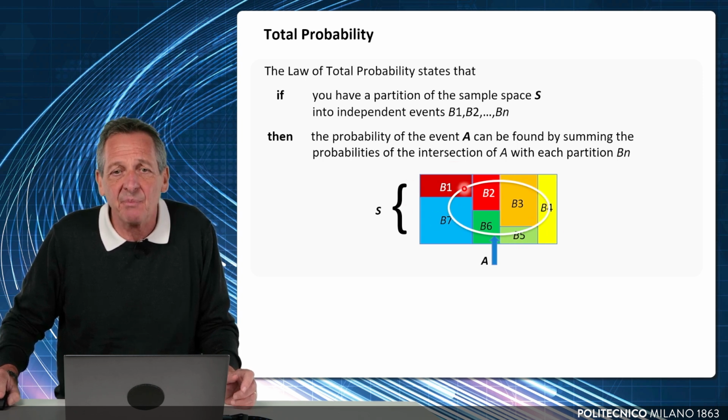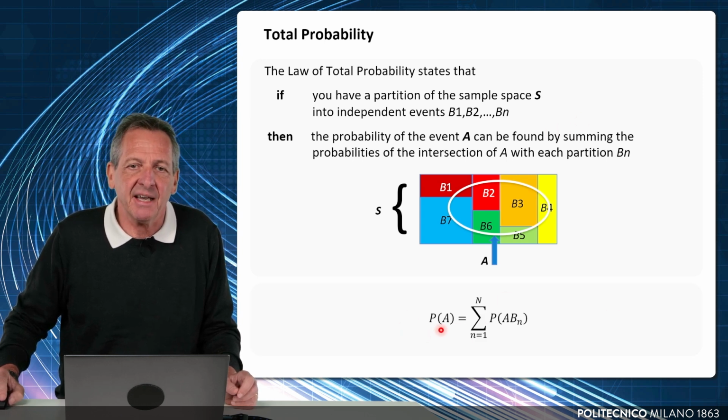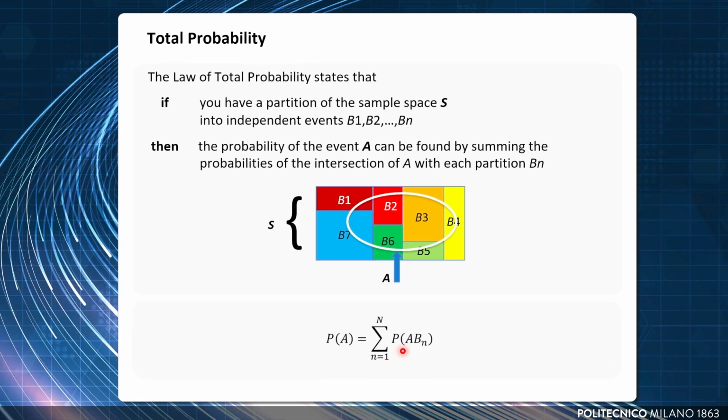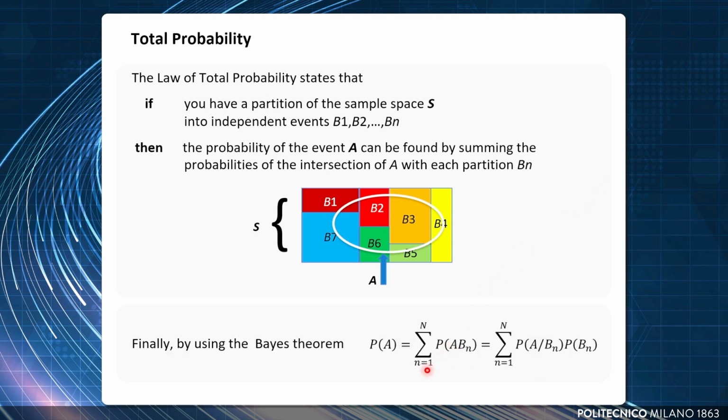It's quite clear by looking at this picture. So in formulas, the probability of the event A is given by the sum of the probabilities of the intersections. And again, by exploiting the Bayes' theorem, the probability of the intersection is the conditional probability times the probability of Bn, under the sum over all the subsets into which we have divided our sample space.